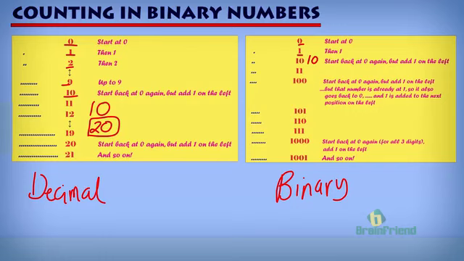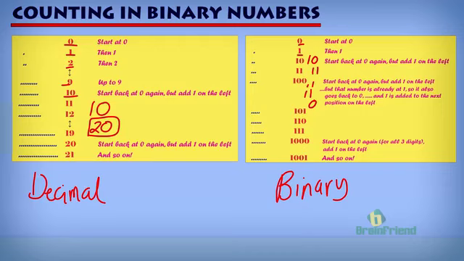Okay? The next number, we add 1, it gives us 11. We don't call it eleven, it gives us 1 and 1. And then our next number, if we add 1 to it, we'll find that our 1 and 1 gives us a full circle. So we put down 0, take 1 over, like we do in our additions in the decimal number system.